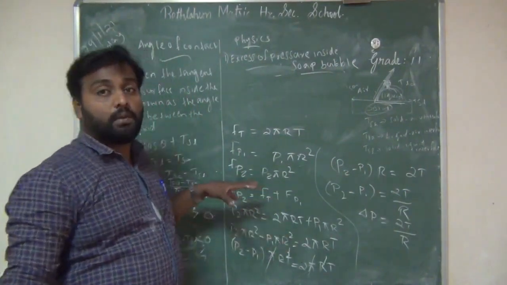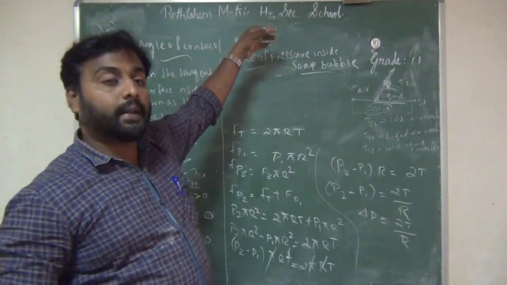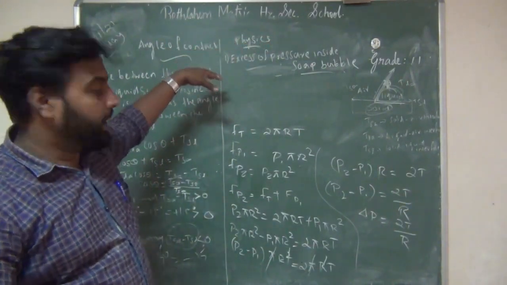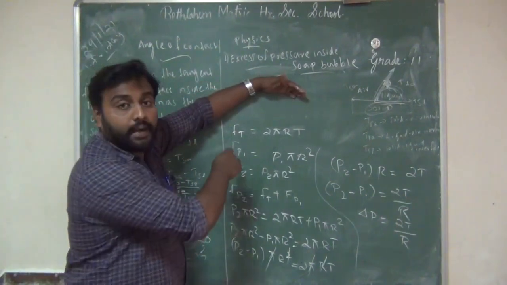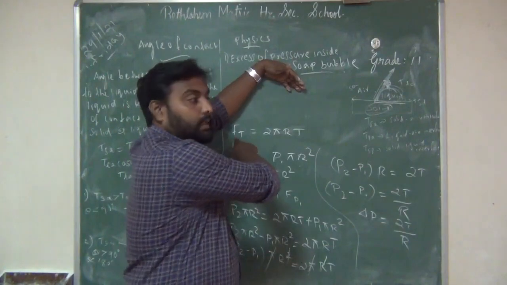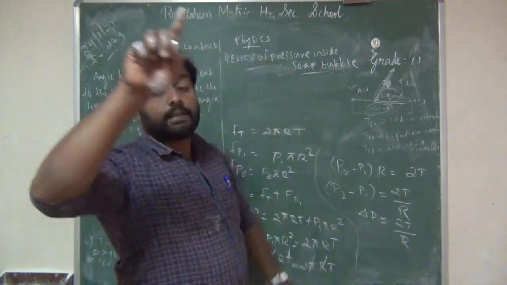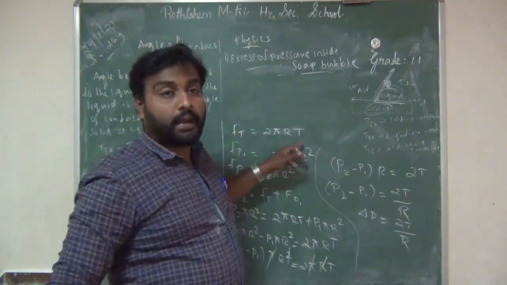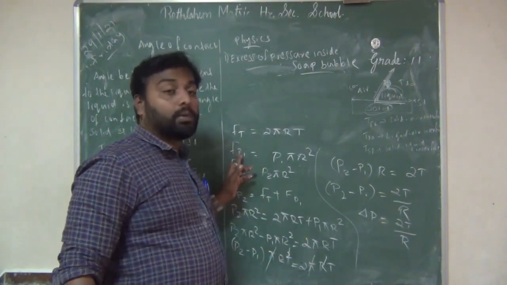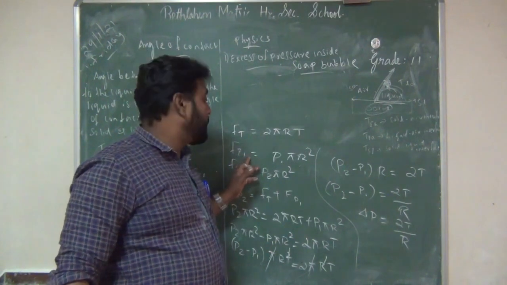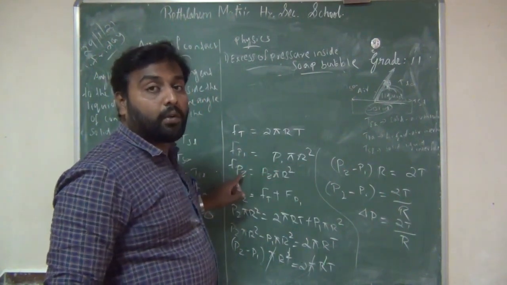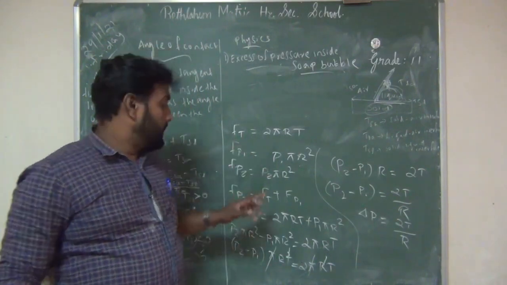Here also, first we found the excess pressure inside an air bubble in a liquid. For that we took the forces acting on that liquid. First, the force tangent to that rim, 2 pi r T. The outside pressure force Fp1 is P1 pi r square, and the inside pressure force Fp2 is P2 pi r square.